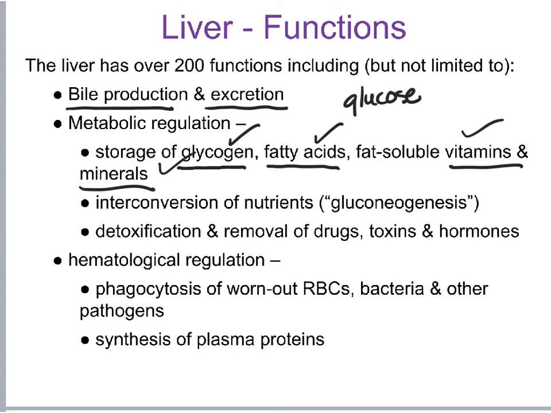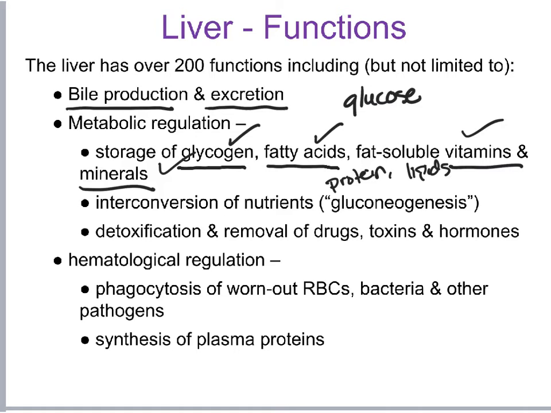Another function of the liver is the interconversion of nutrients. So this means creating glucose out of other major macromolecules. So the liver has the ability to, from protein, make glucose, or from lipids, also make glucose.